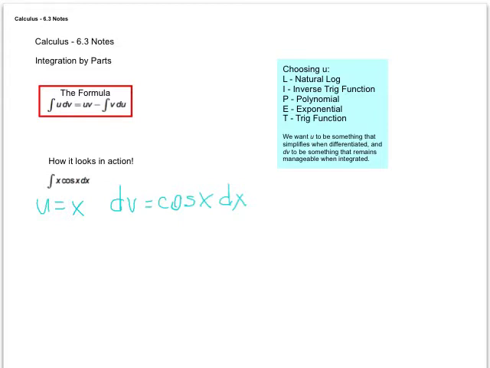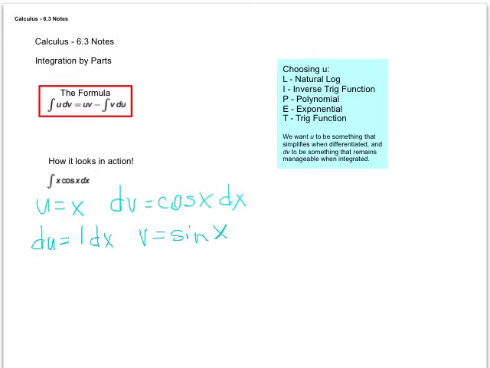So back to our problem here. Now go ahead and take the derivative. So du is equal to 1 dx. Go ahead and integrate so that v is equal to sine x.